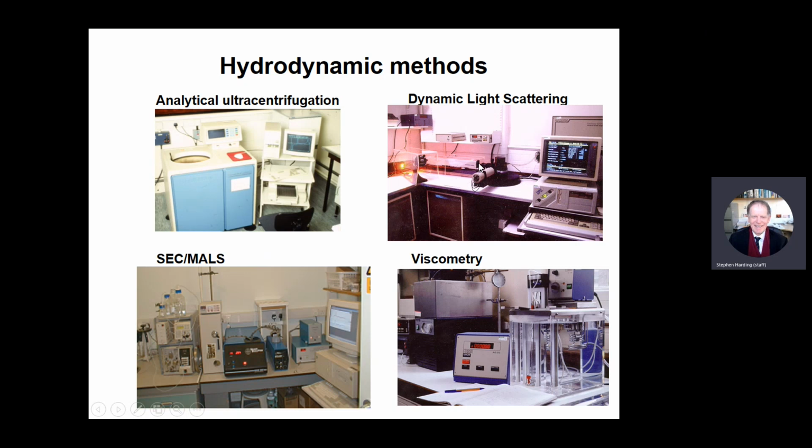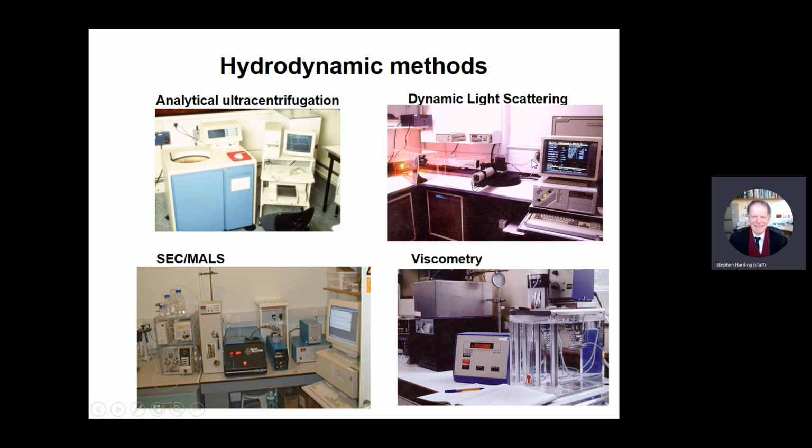So laser, helium neon laser, the solution here, and the detector, and then this signal goes to this big box here, which is an autocorrelator, and then the data is analyzed by this computer setup.